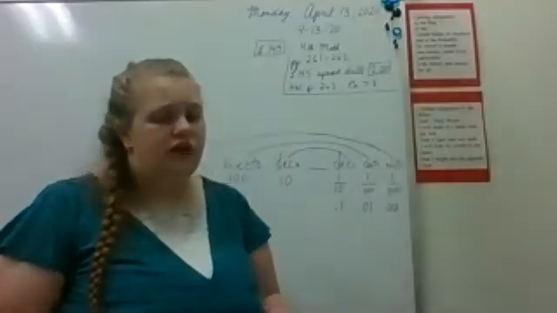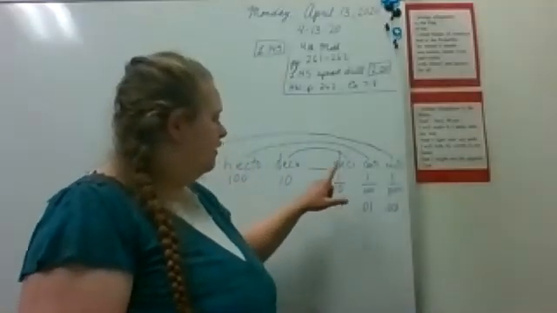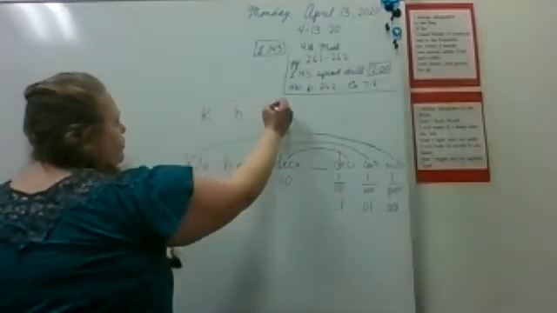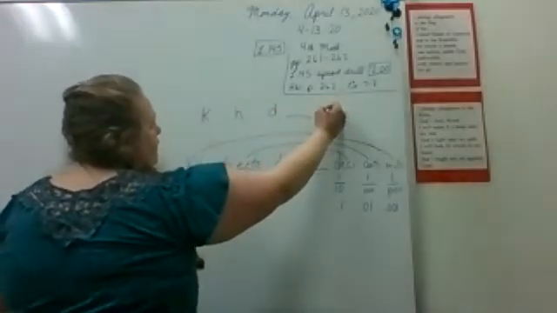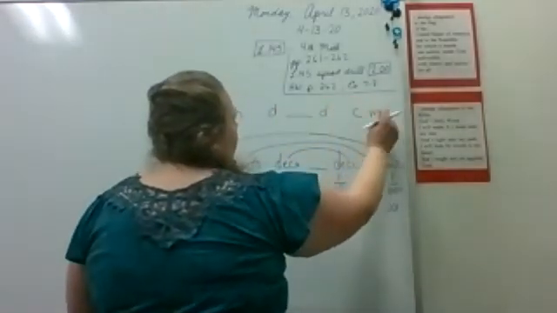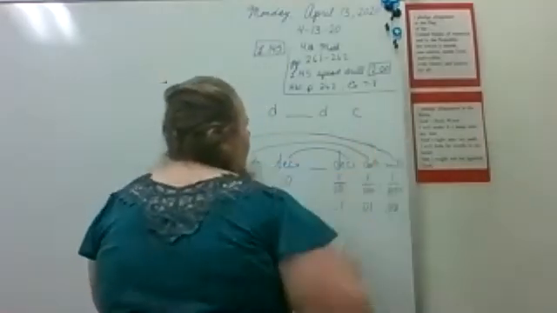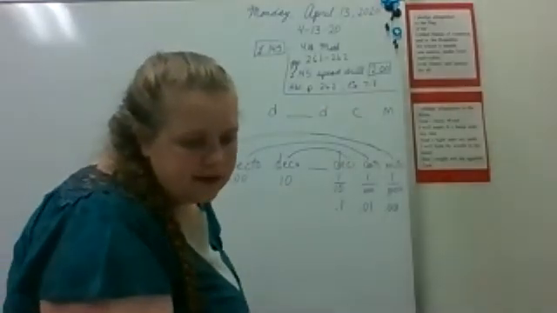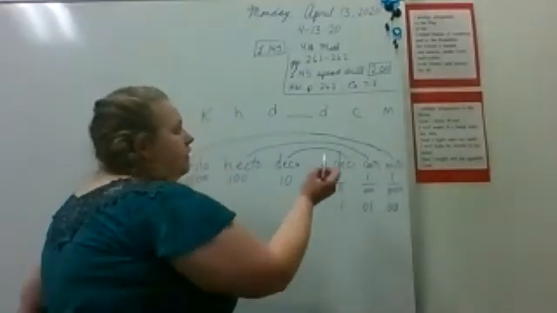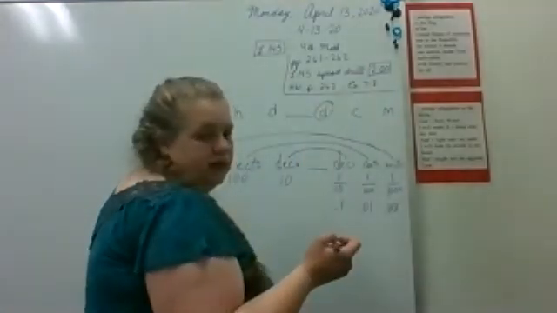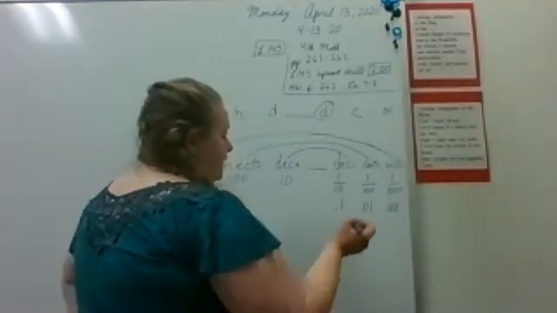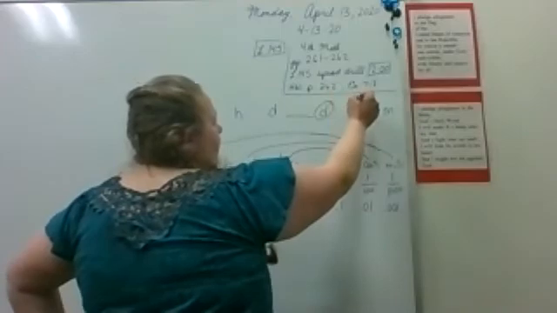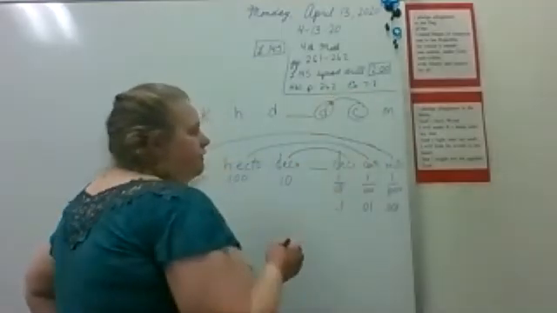Now, when we change from space to space, so if we put up here K, H, D, D, C, and M. There on C on yours, it says decimeter, which is this one. How many centimeters are in a decimeter is what it says. So how many of these make up this, okay?